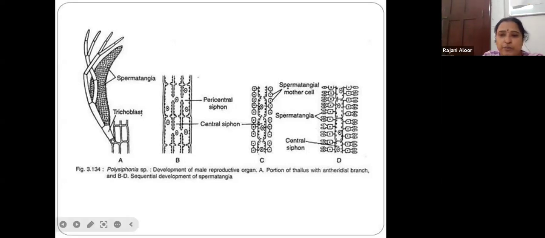These are the spermatial mother cells, which after division form the spermatangia. Spermatangia mean male gametes; these are all antheridia, male gametes, or spermatangia.